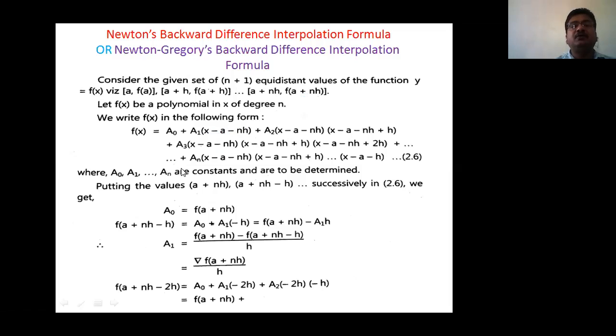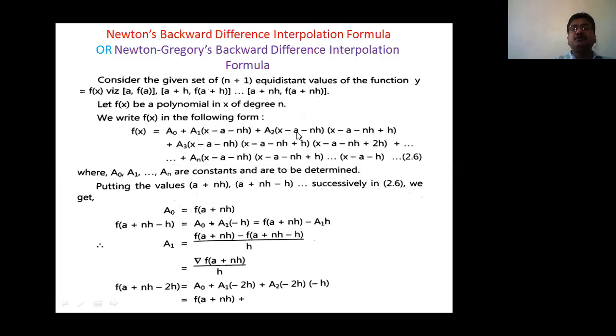In the Newton forward interpolation formula, the first value of x is important. The coefficient of a2 in the forward formula is x minus the first point, x minus the second point, that is x minus a minus h.